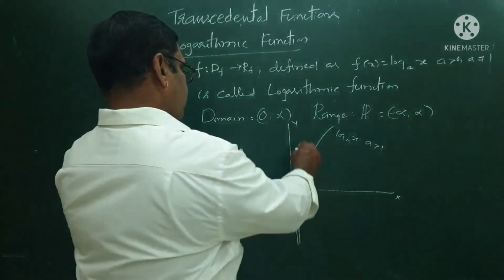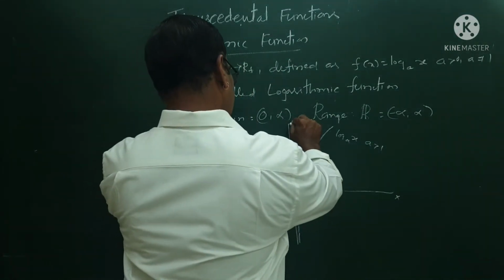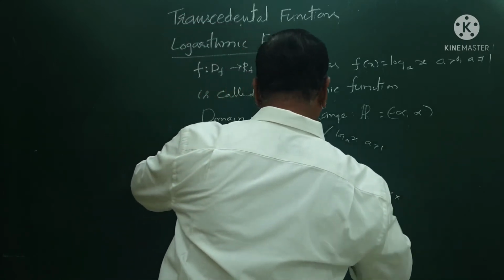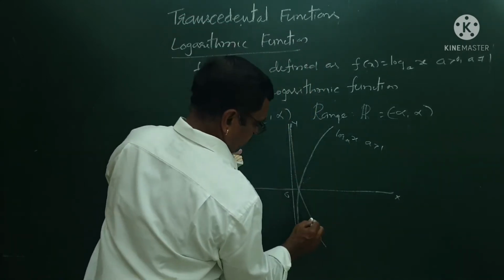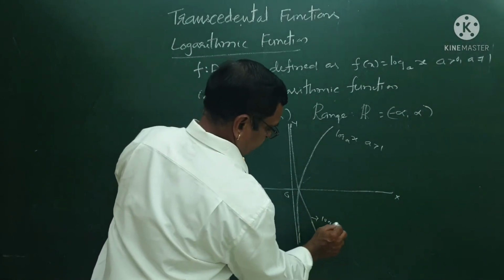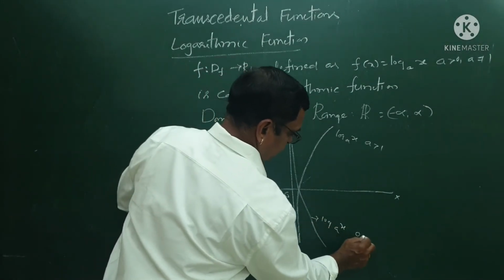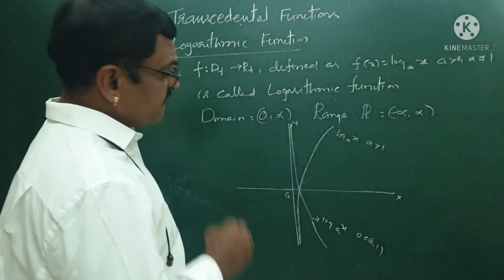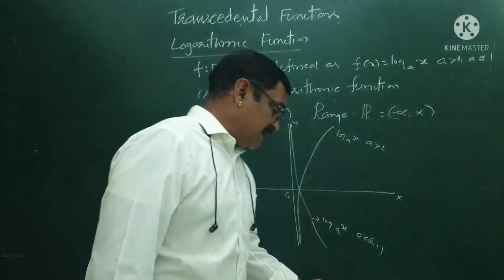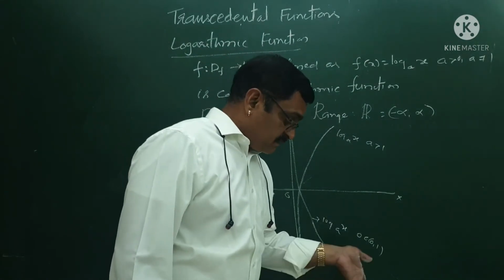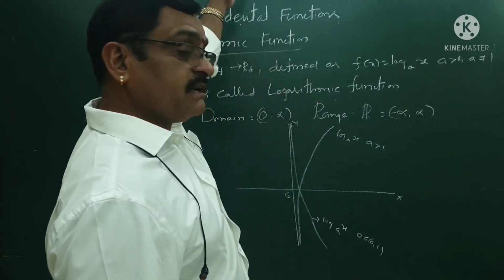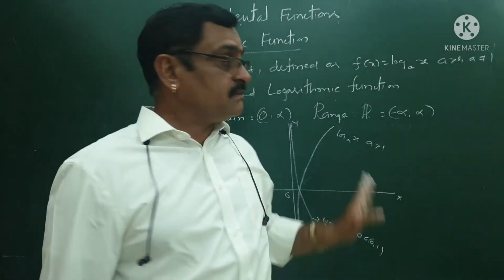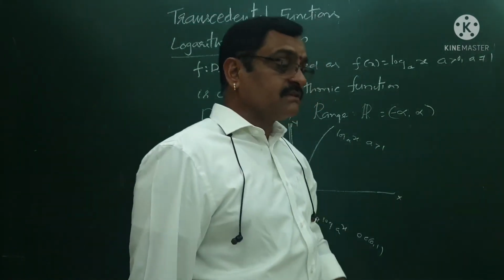At the same time, this is the graph of log x base a when a belongs to 0 to 1. In both cases, you observe the graph is distributed between minus infinity to plus infinity. Therefore, my range is minus infinity to plus infinity. Please take note. Next we discuss properties.